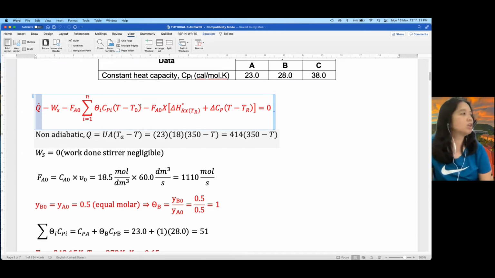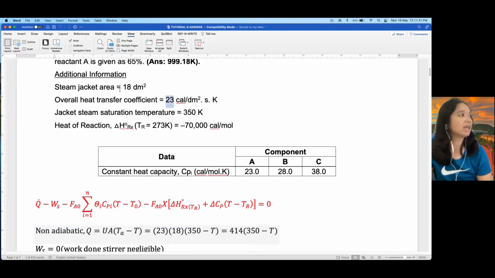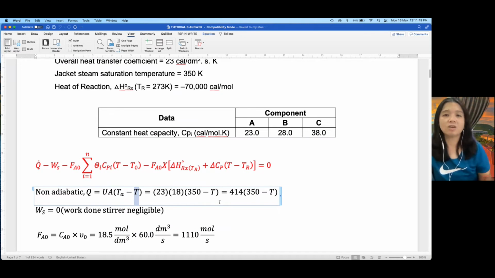The sub-equation says Q equals UA in bracket TA minus T. So you know your U is 23, your A is 18, your TA, your heat transfer fluid inlet temperature, or in this case, the jacket steam saturation temperature, is 350, minus T. T is the unknown that we want to find, so the T remains. Okay, so when I want to solve an equation with a lot of brackets, you don't open the bracket first. Of course, there are no certain rules.